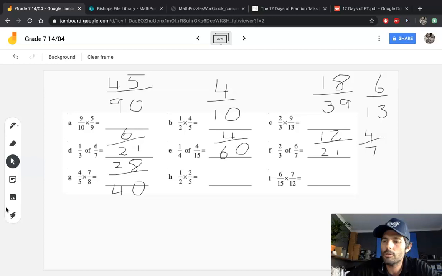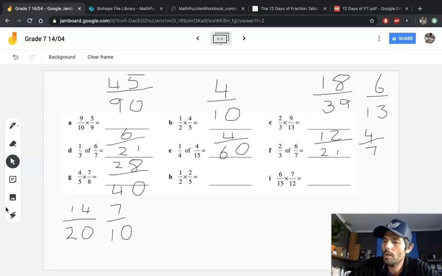So 2 goes into 28 14 times and into 40 20 times. But then you should be able to recognize that 2 goes into there again, so 7 over 10. If you couldn't recognize that 4 was the highest common factor, then just divide by 2, and if it's even again, divide by 2 again. That's not a problem. It gets you to the same answer.